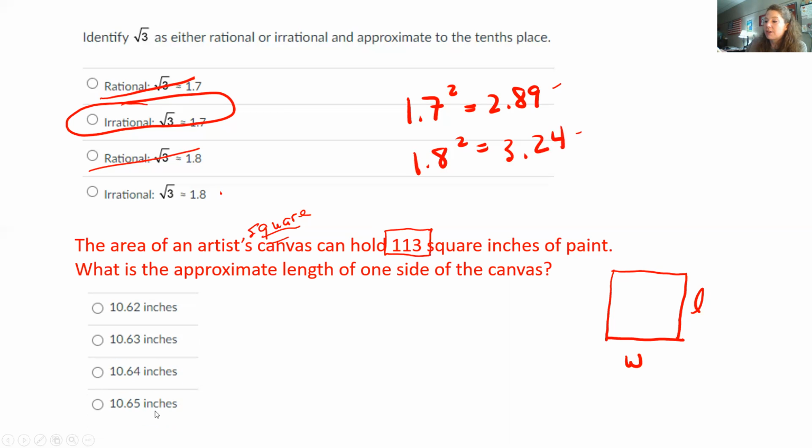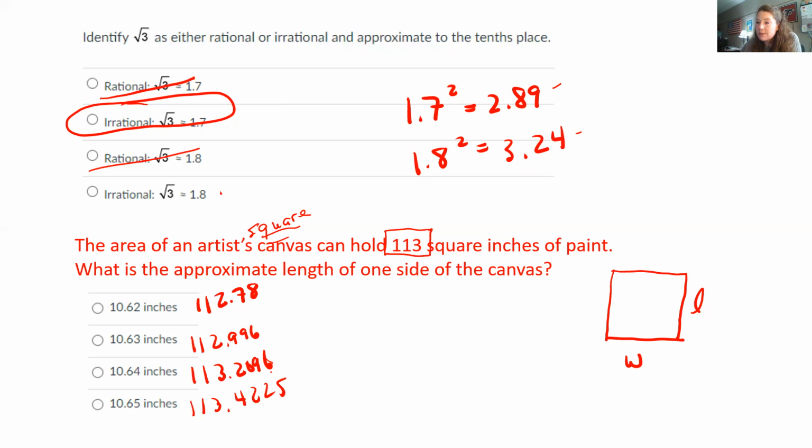Well, this is a multiple choice question. So what I would do on my calculator is I would type in 10.62 and square it, and I get 112.78. I would type in 10.63 and square it. I get 112.996. That's really close. 10.64 squared is 113.2096, and 10.65 squared is, we're getting farther away, right?